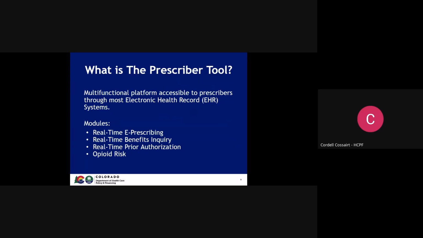First is the Real-Time e-Prescribing module. This module allows prescriptions to be sent electronically to pharmacies for Health First Colorado patients, increasing convenience and saving time for patients, prescribers, and pharmacies. Second is the Real-Time Benefits Inquiry module. This module gives quick insight into preferred medications from the preferred drug list, empowering prescribers with drug affordability and cost options.